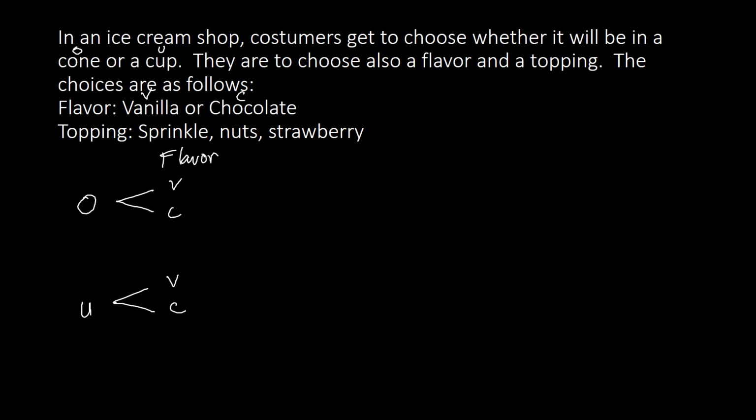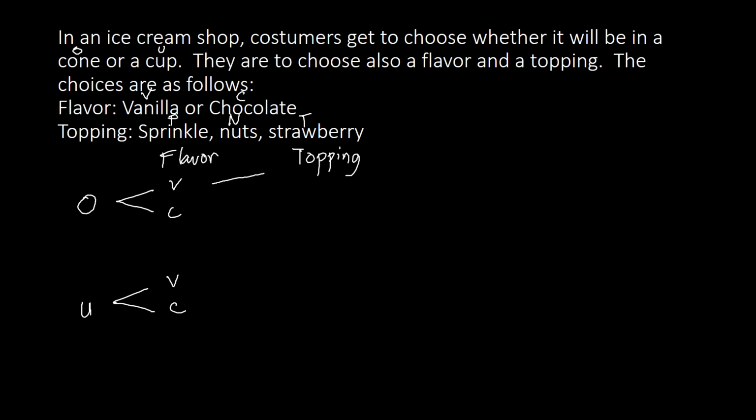Next, we have the toppings. So we have 3 choices or options here. We have S, we have N, okay, let me change this S here. We have P for sprinkle, N for nuts, and T for strawberry. So again, there are 3 toppings to choose.